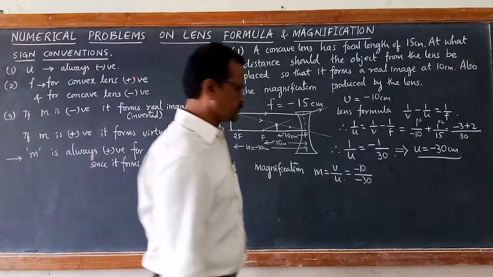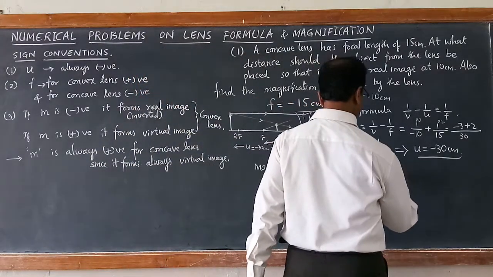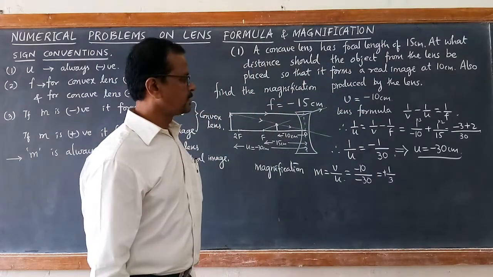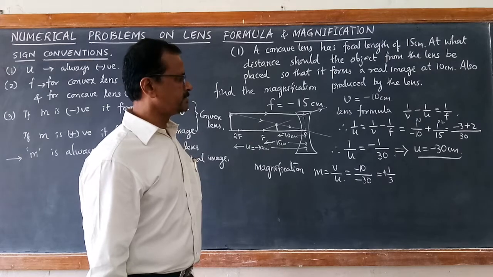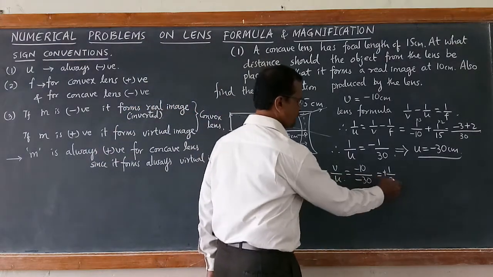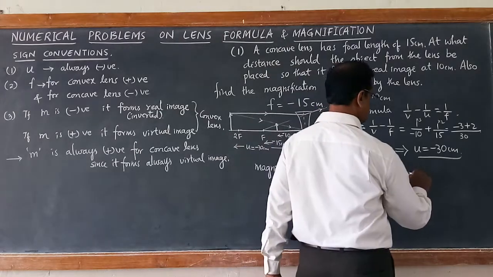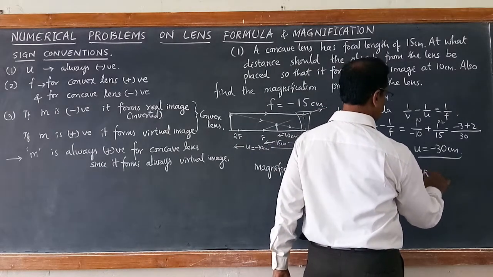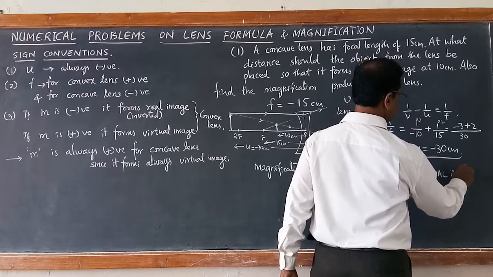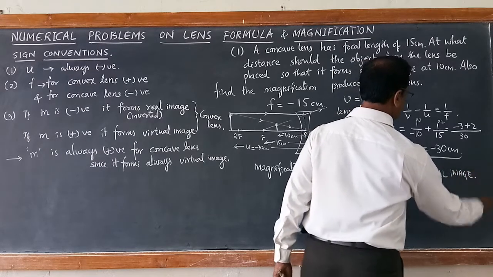Magnification becomes positive. Thus it becomes plus 1 by 3. So this implies the magnification is positive, which implies it forms a virtual image.